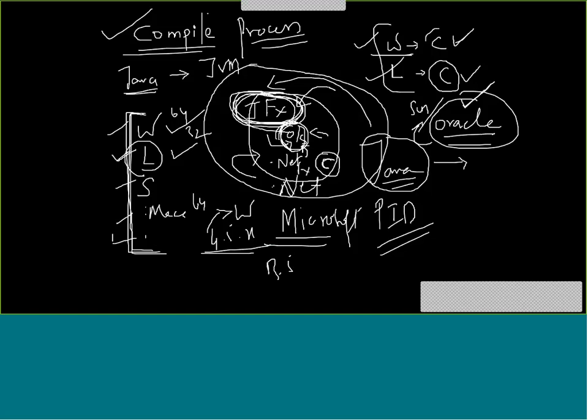So that is the reason why we may not call .NET a pure platform independent language, because if you look from one perspective where it supports mainly Windows, then we can say Microsoft applications run best on the Windows platform. So inherently you can say that .NET is a platform dependent language.